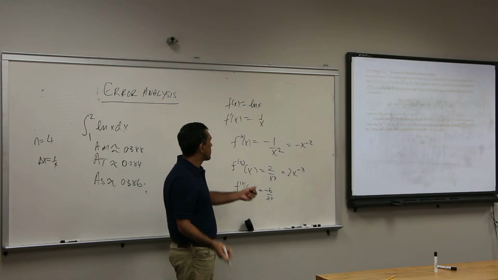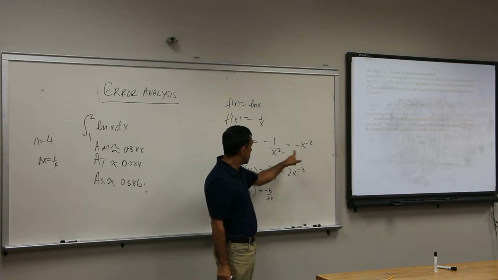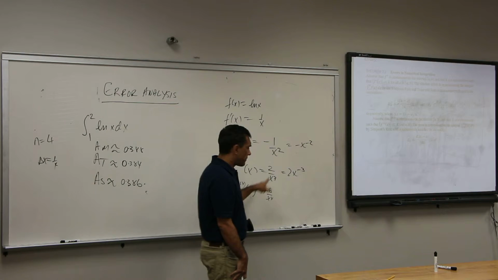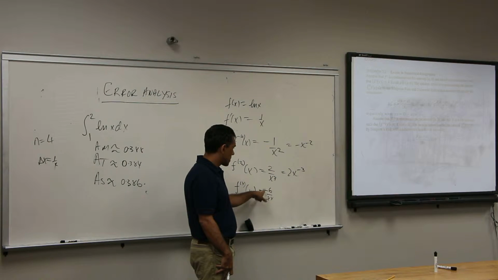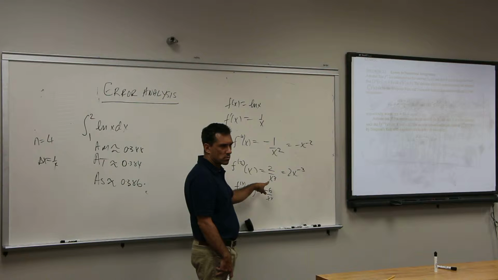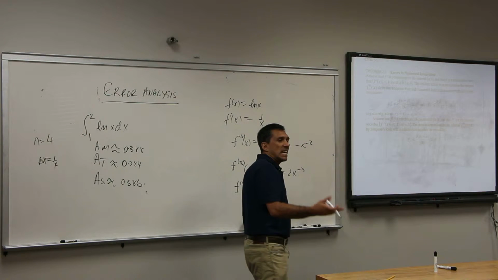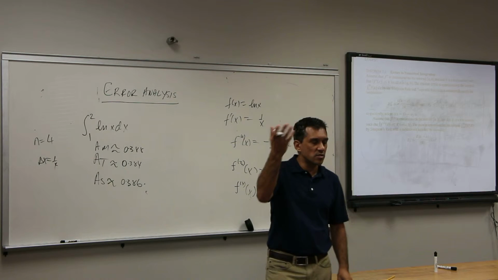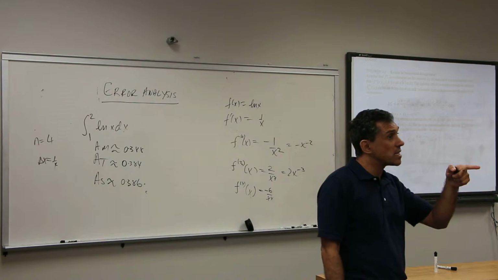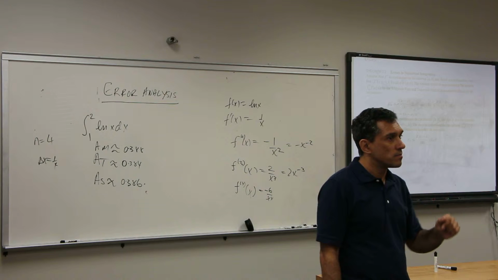And if I'm looking at the absolute value, then I just need to look at 1 over x squared, and 6 over x to the 4. Now, I really don't need fancy calculus to find the maximum. What interval am I looking at? 1 to 2.